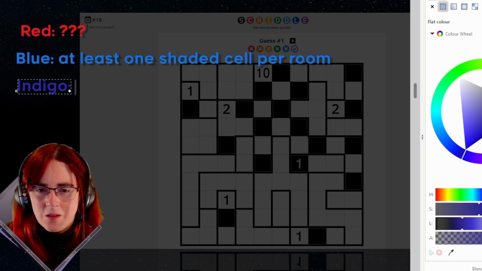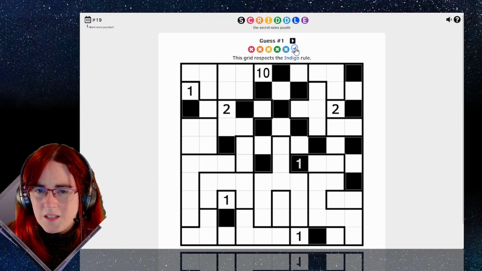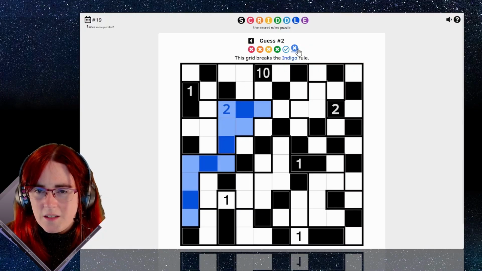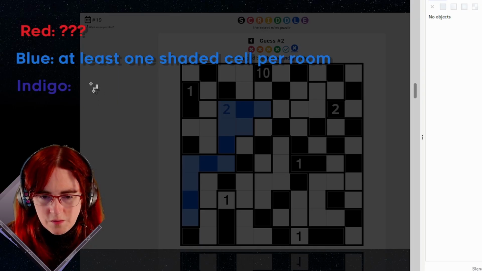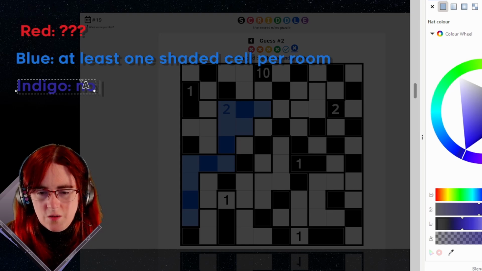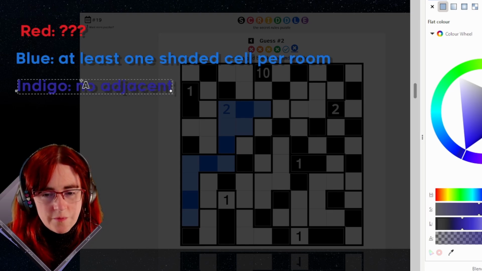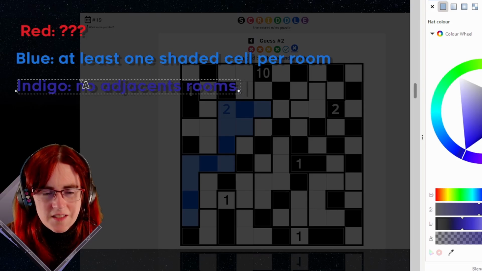What did we think indigo was? We think indigo is... Oh yeah. How do we phrase this? No adjacent rooms with same configuration of shaded cells. Oh, that really does read horribly.